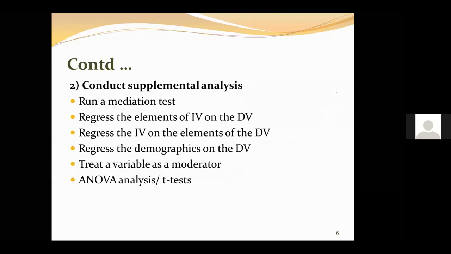You go beyond and perform some other analysis. You could choose to regress the elements of your IV. Remember, let's say organization culture, you're looking at the relationship between organization culture and fraud management. Organization culture has its dimensions. You found that this relationship is insignificant.